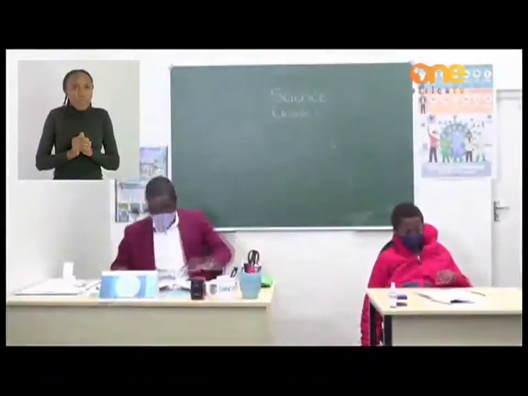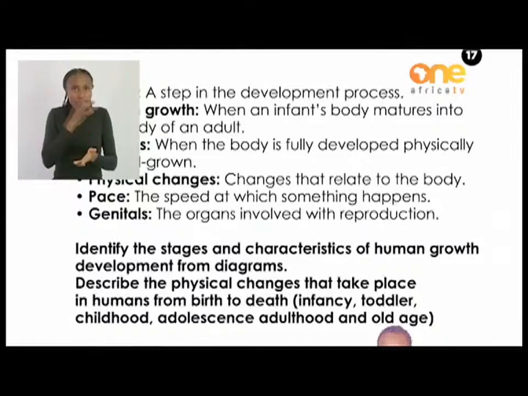Let's go to page 17. Before we step on the depth of our lesson, let's look at the words that might be difficult for us. Stages. What is a stage? A stage is a step in the development, or it's a development process of somebody. Human growth.